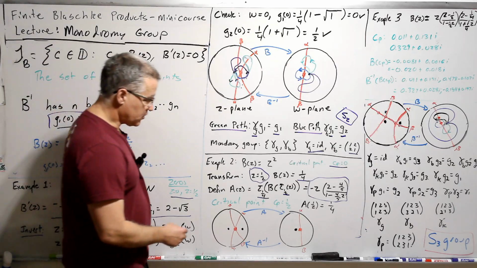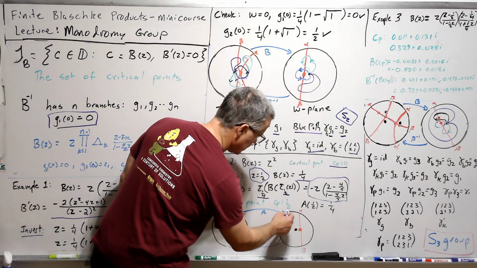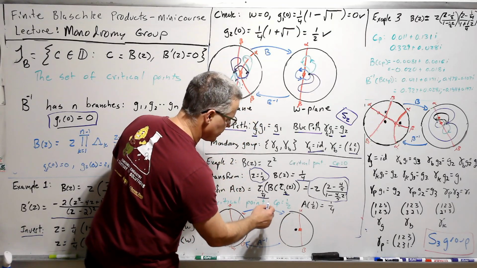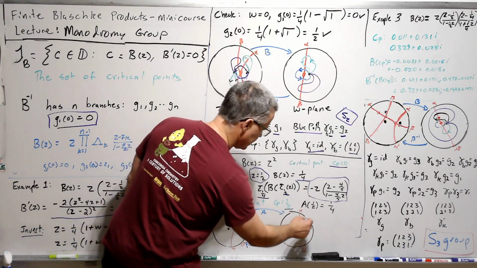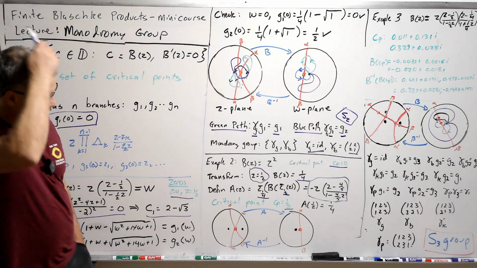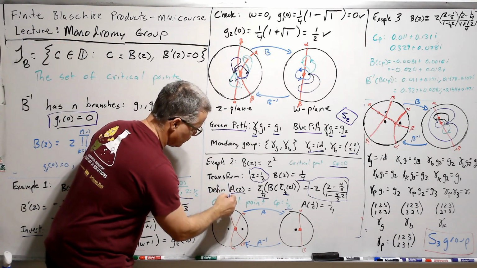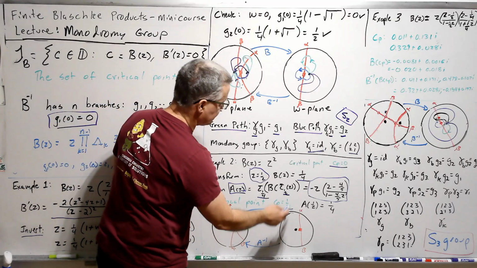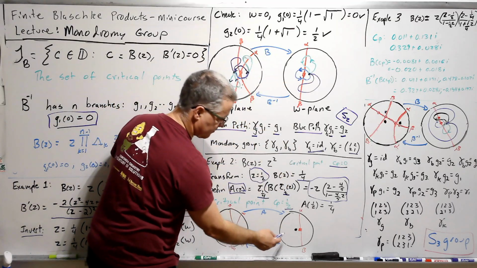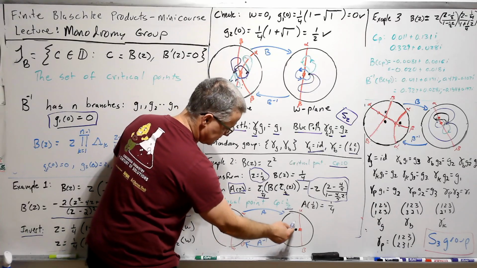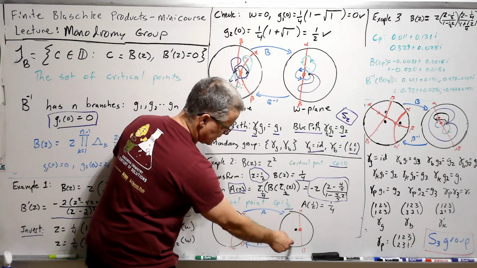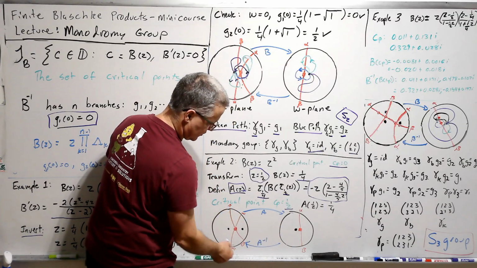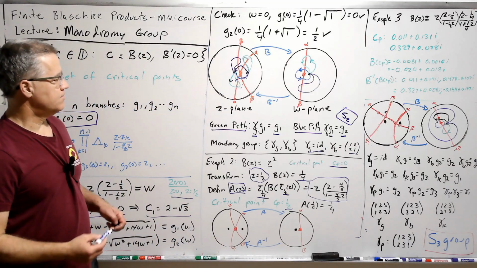Then we could find the critical point. The critical point is at 1/2. So we've defined this A as this new Blaschke product. So now we have recovered what we had over here. We've got A taking us to the W plane, and then inverse A back to the z-plane.